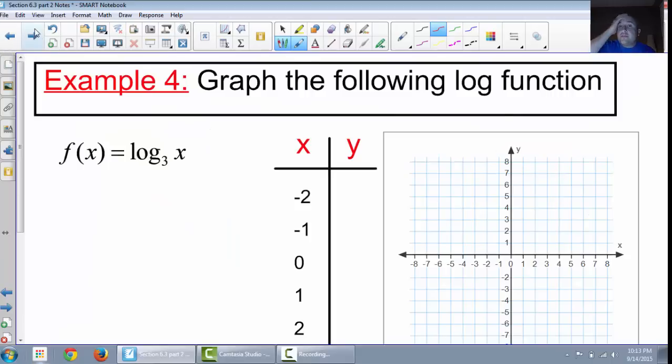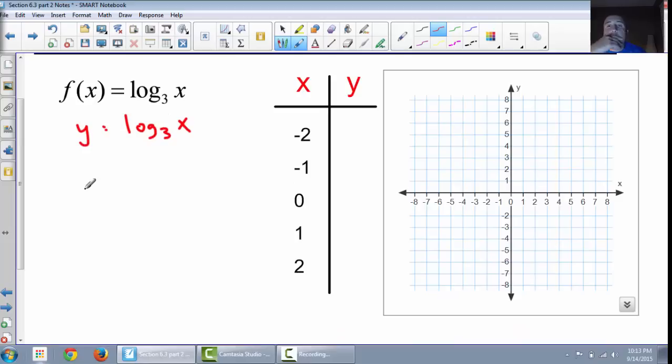All right, so last but not least, we're going to graph one log function, and then we're pretty much done. Step one, when you're graphing logs, is to find the inverse, graph that, and that will help us to graph our log. So for the inverse, switch x and y: x equals log base 3 of y.